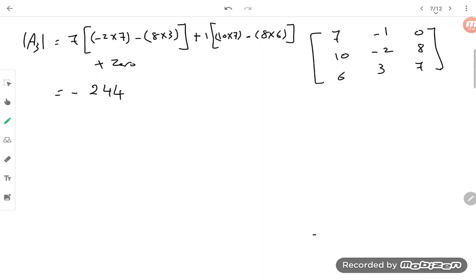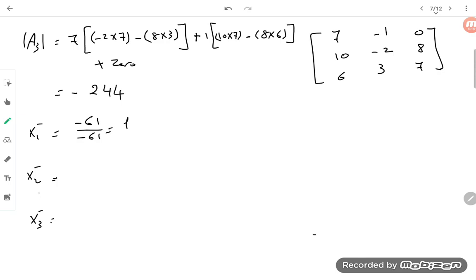Now we have to calculate the values of x1, x2, and x3. They are calculated as determinant A1 divided by the main determinant, so it's negative 61 divided by negative 61. So the value is 1.